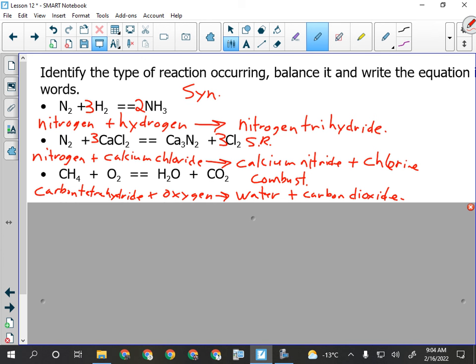Okay, 4 hydrogens here. How many here? 2. So what needs to go in front of the water? A 2. When I do that, I now have 2 oxygens here and 2 more here for a total of 4. What needs to go here? A 2. And now it's balanced.